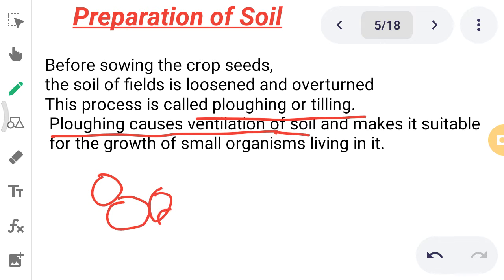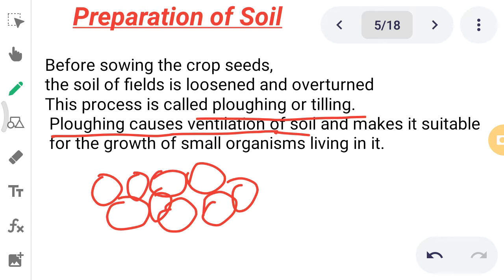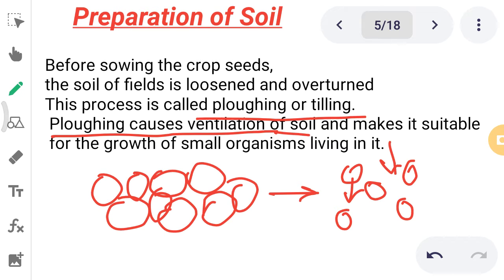So the soil is like this initially, but after tilling, it becomes loosened so that more air spaces are created and more water can seep into the soil and reach the seeds.